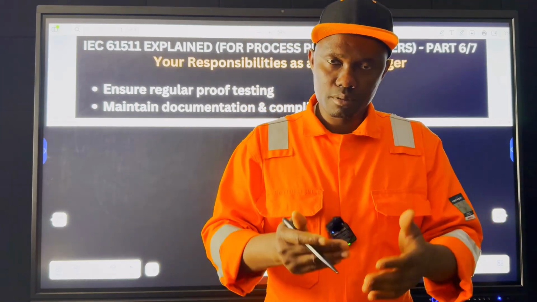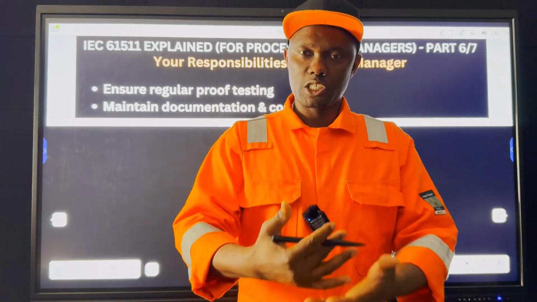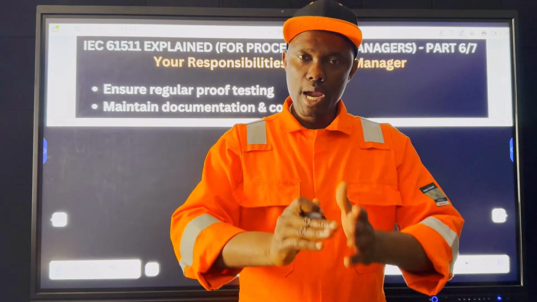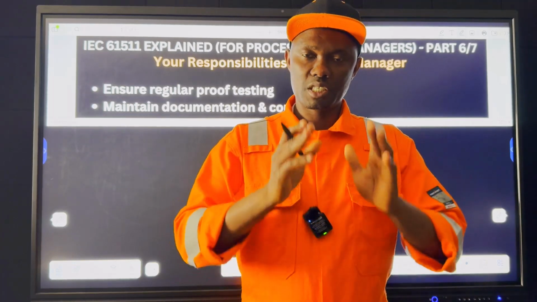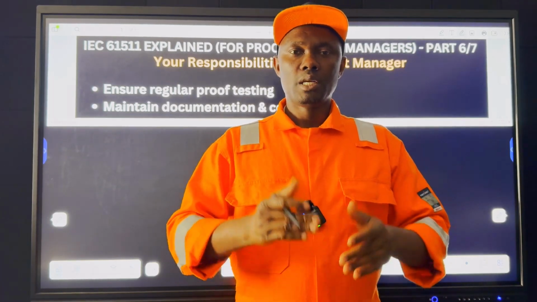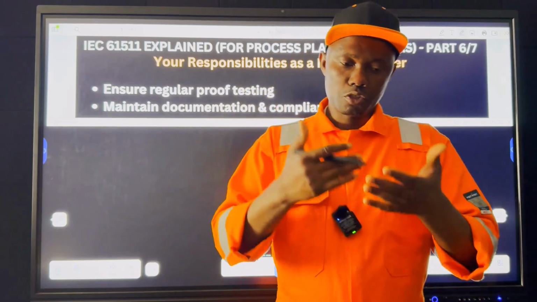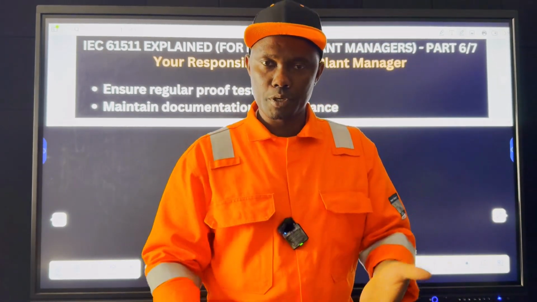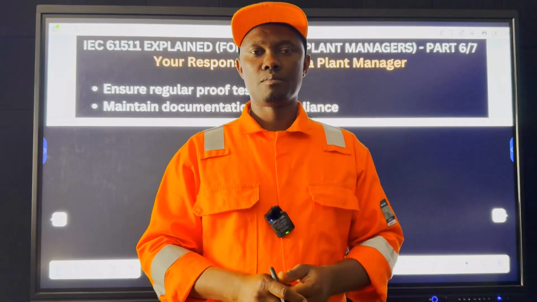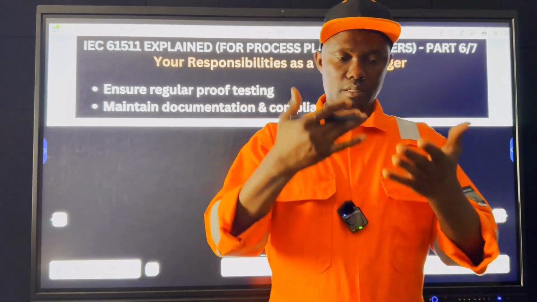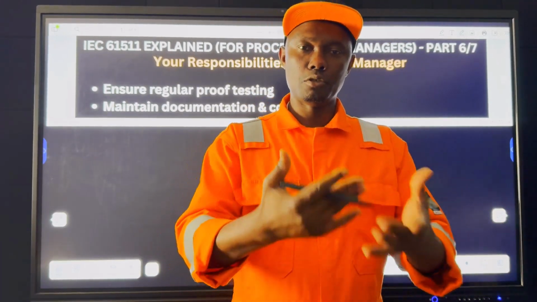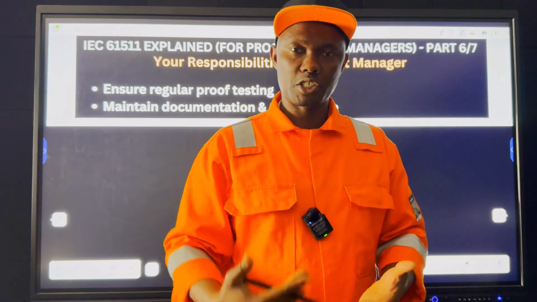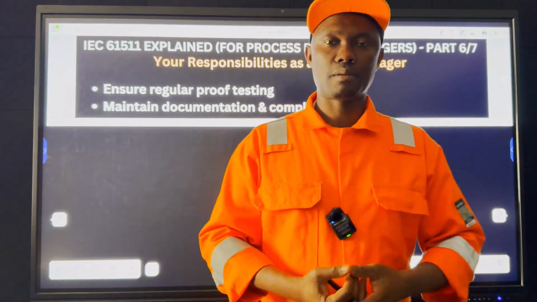Then, before the modification is carried out, there has to be a modification work pack, well developed by your system integrator. Then, you need to go through it and ensure that it has gone through the review process and approve it before that modification work pack can then be used to carry out the modification that is required in your SIS system.